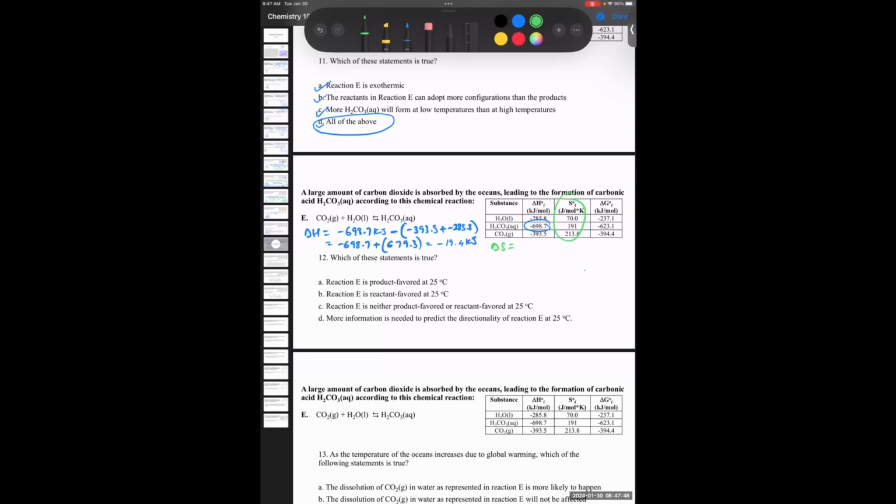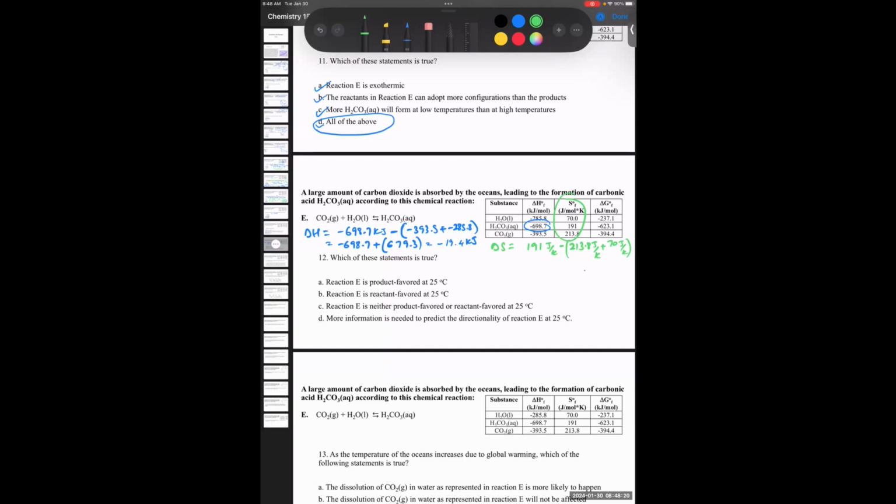Our product is 191 joules per Kelvin, minus our reactants: CO2, which calls the shots, 213.8 joules per Kelvin, plus H2O, liquid, which is 70 joules per Kelvin. It's only 1 mole, so it cancels out.